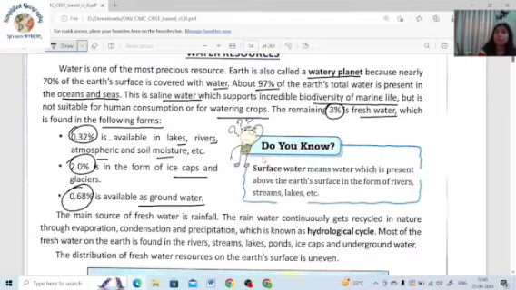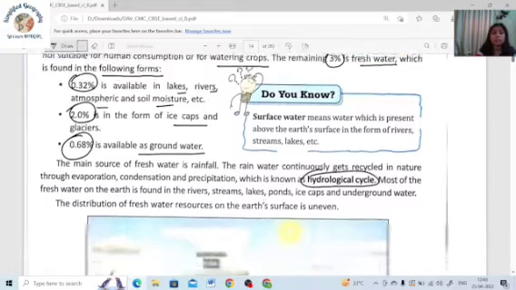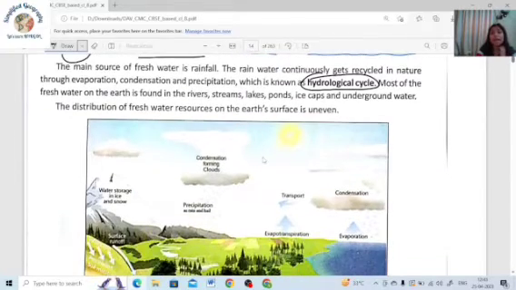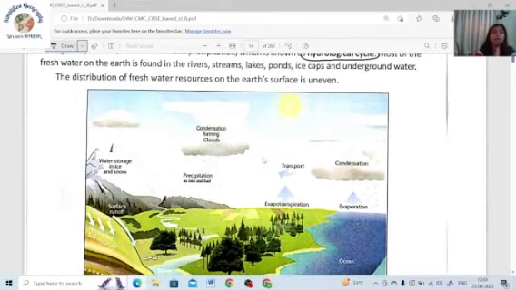So the same water comes to the surface and contributes to the surface water. So this is the water cyclic condition. We call it the water cycle or hydrological cycle. Most of the fresh water on the earth is found in rivers, streams, lakes, ponds, ice caps, and underground water. The distribution of fresh water resources on the earth's surface is uneven.